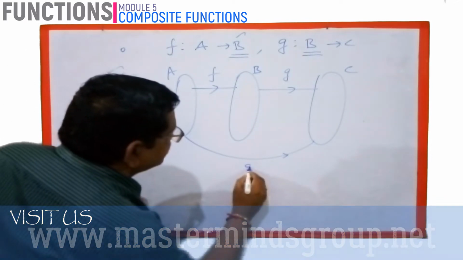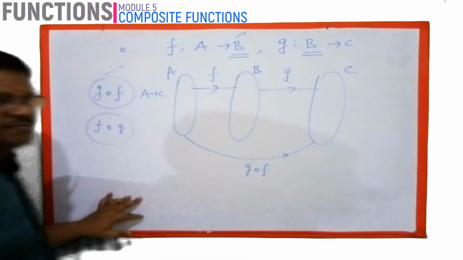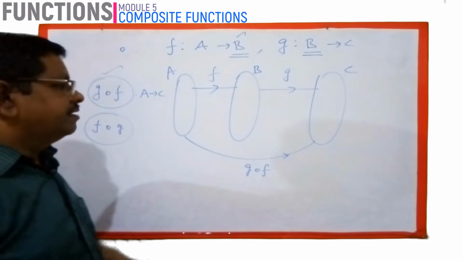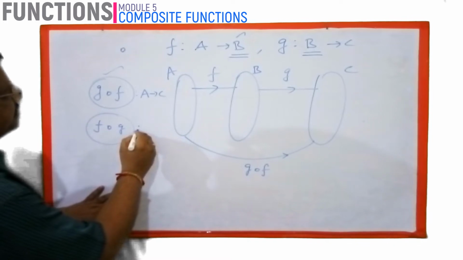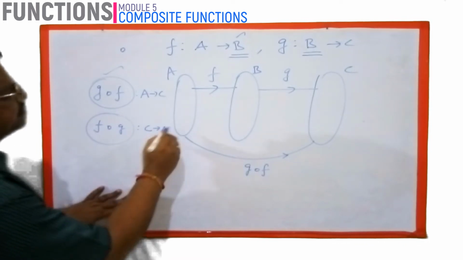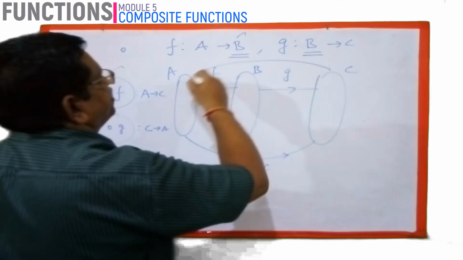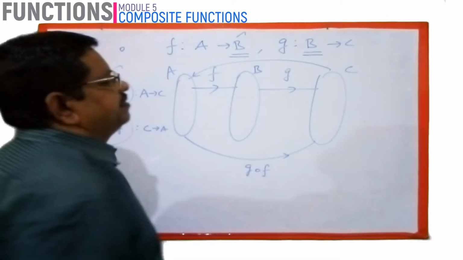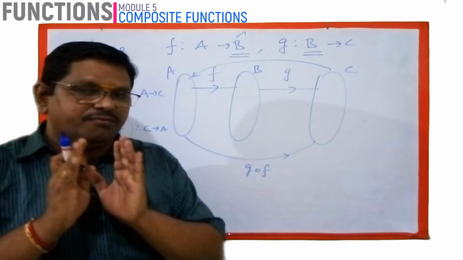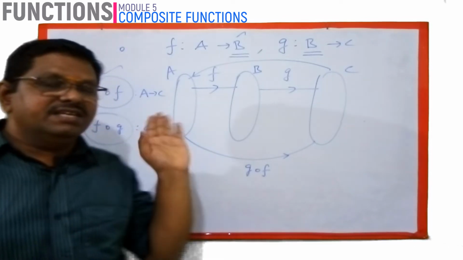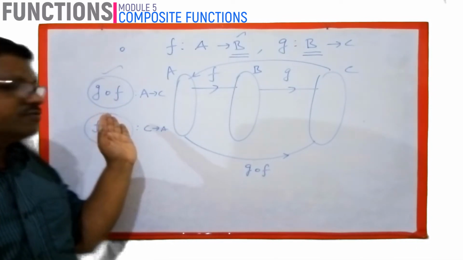This is g composite f. Okay. Now what is f composite g? It is the reverse, C to A. So f composite g is from C to A. g composite f is from A to C.